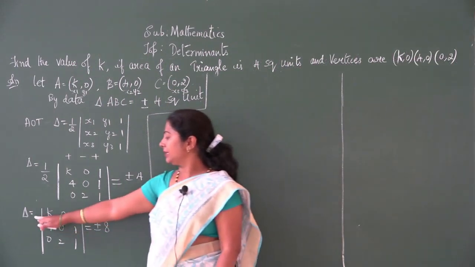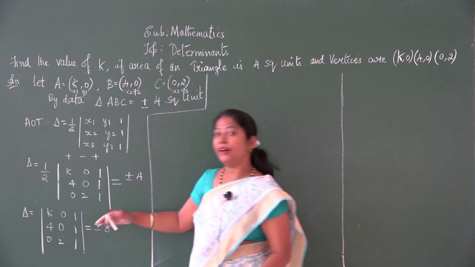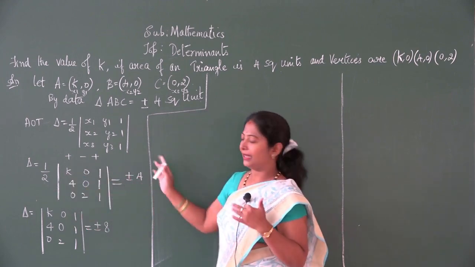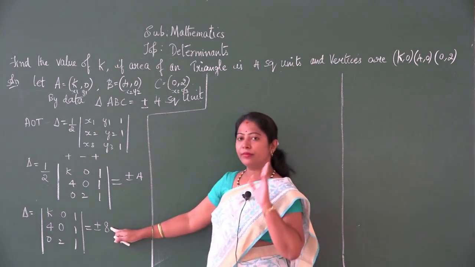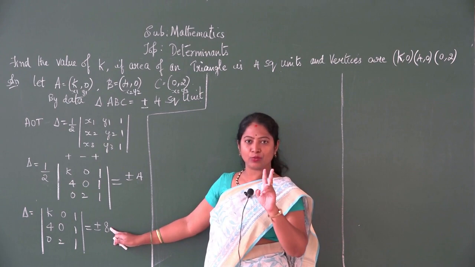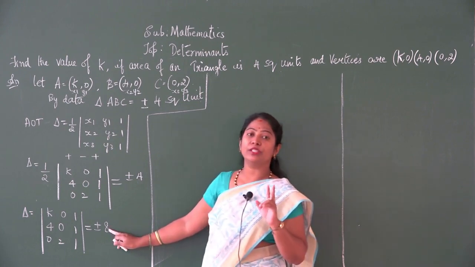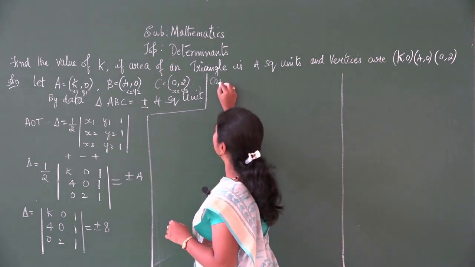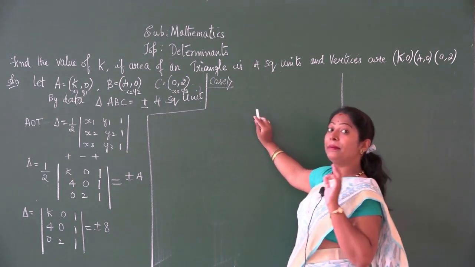After cross multiplying, we have 4 into 2 will be 8, and so we shall use plus or minus 8. In this problem, we arrive at two cases. Case 1, we shall calculate the area of a triangle for plus 8, and case 2, we shall calculate the area of a triangle for minus 8.